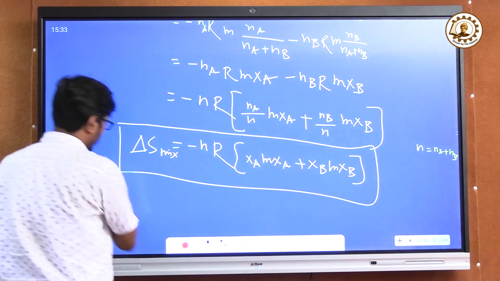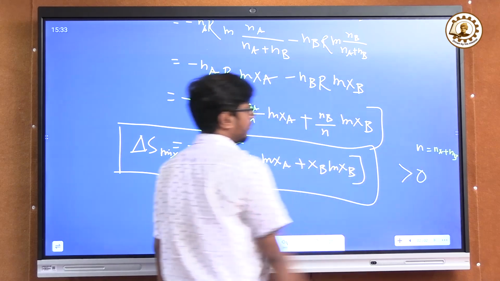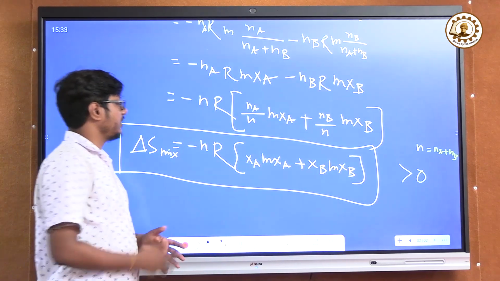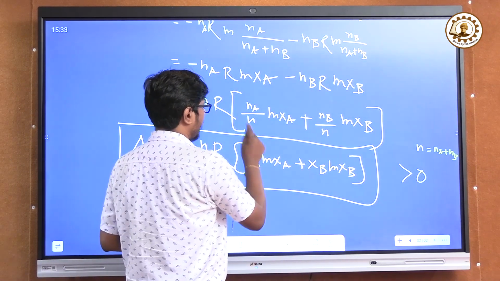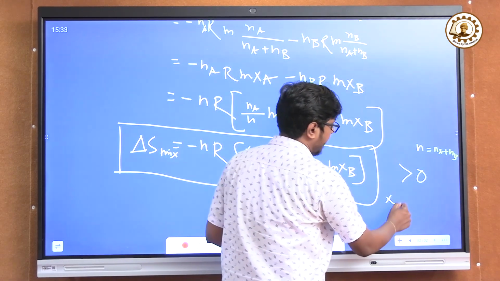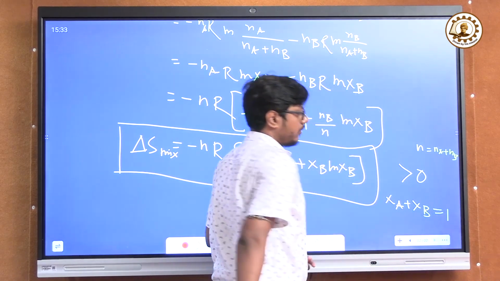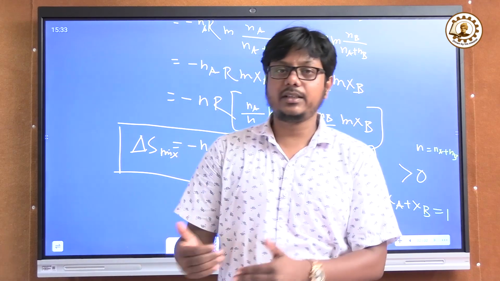So you have to prove this is greater than 0. Here two things happen. Xa is a positive term, but it is less than 1 because Xa plus Xb equals 1.